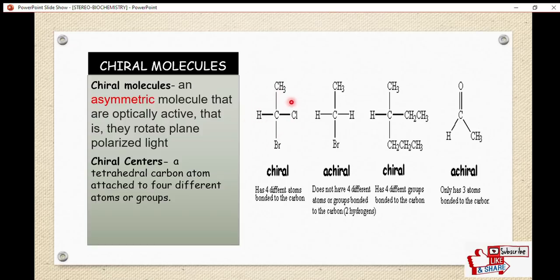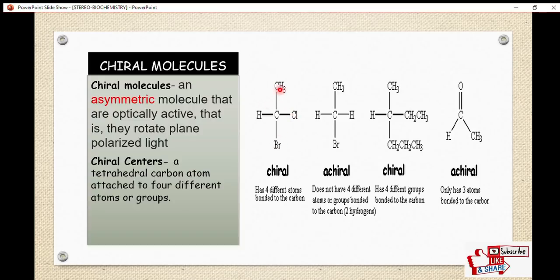So with 4 different groups of atoms, this carbon here is chiral because it is not symmetrical. That means it's asymmetric because we have different groups of atoms around this carbon. So hydrogen is different, this is different, this is different, this is different.